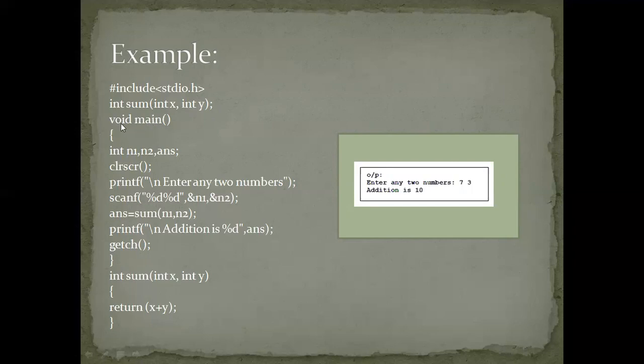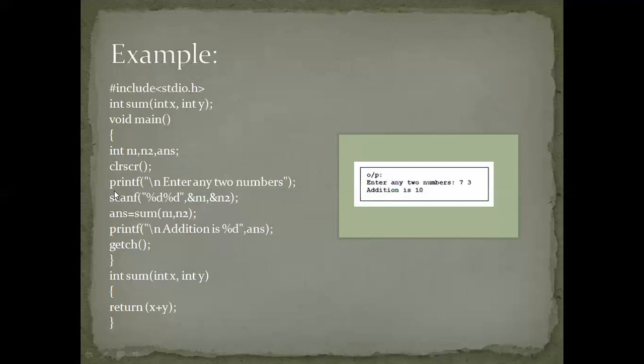Void main, execution of the function starts from the main. int n1 comma n2 comma answer. Here n1 and n2 are the two variables required for the summation of the two numbers. Finally, the result will be stored into another variable, answer.